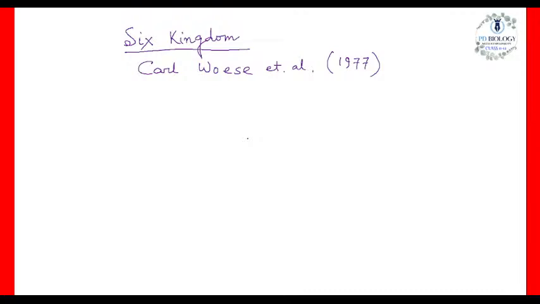So in this system, kingdom Monera is bifurcated into archaebacteria and bacteria. So now they are called archaea and bacteria on the basis of microbial cytogenesis. So what are the six kingdoms?